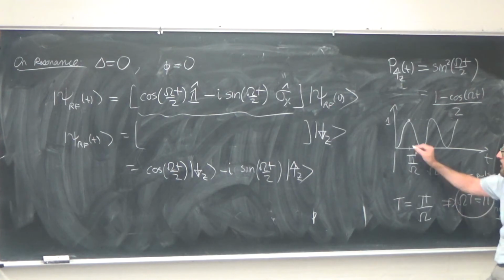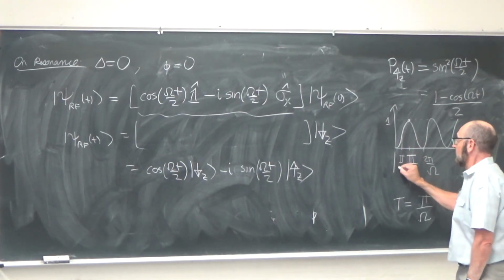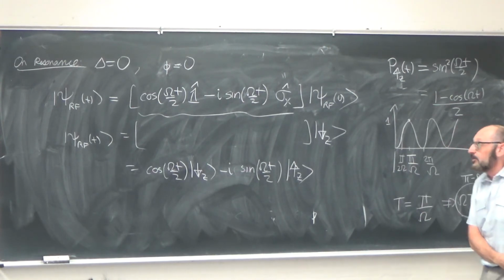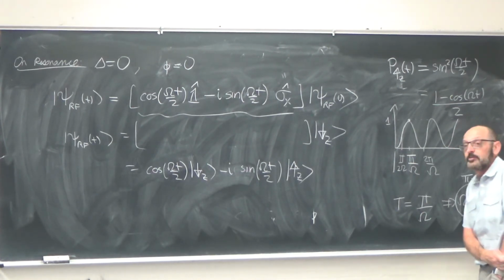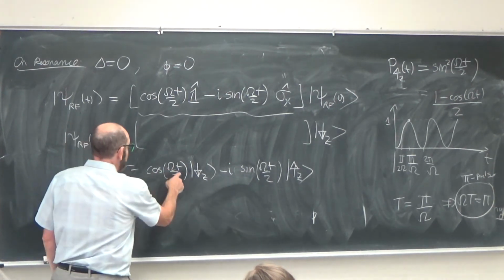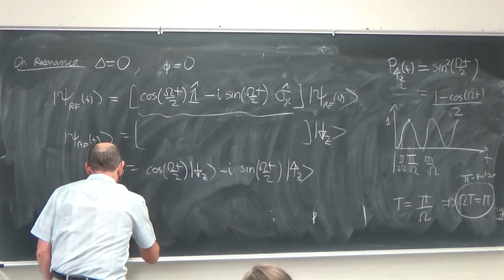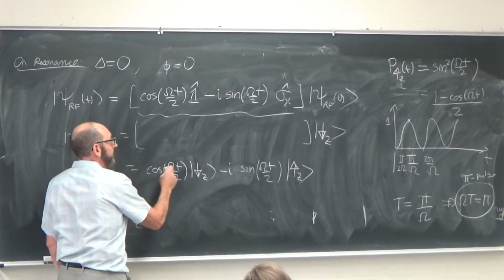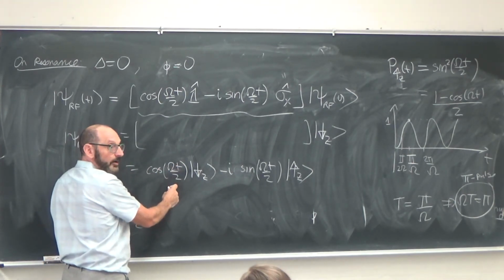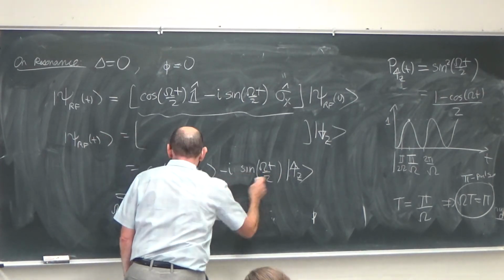What about a pi over 2 pulse? When omega t is equal to pi over 2, what happens? This is cosine pi over 4, which is 1 over root 2. And sine is also 1 over root 2.